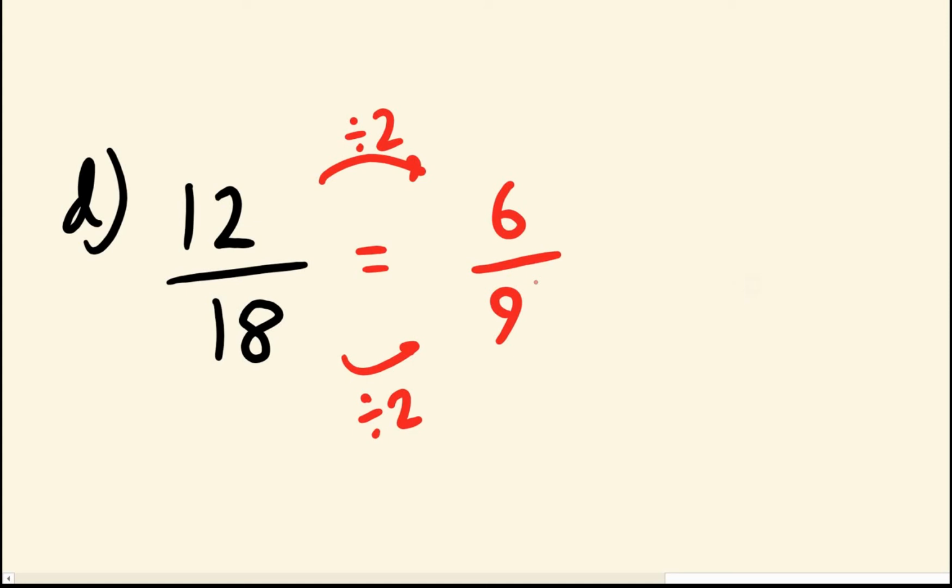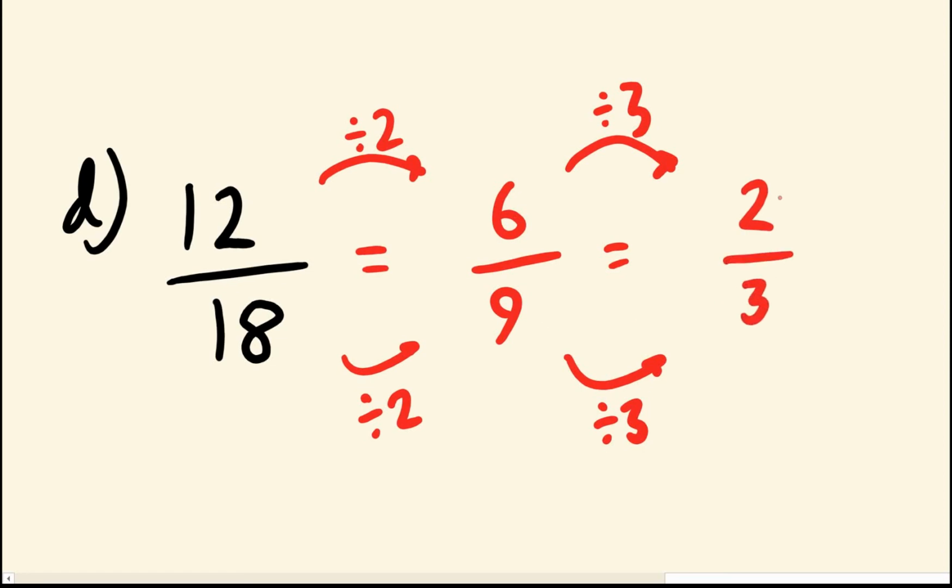It doesn't divide by 2 anymore, doesn't divide by 5, but it does divide by 3. So I'm going to do one more step to make sure it's fully simplified. I can also divide both of these by 3. 3's into 6 is 2, and 3's into 9 is 3. Again, these numbers are 1 apart, which means it cannot be simplified any further.